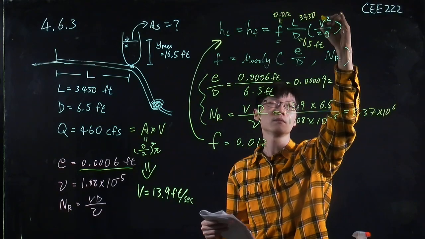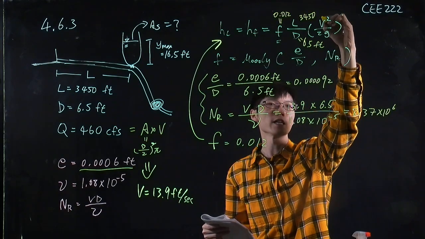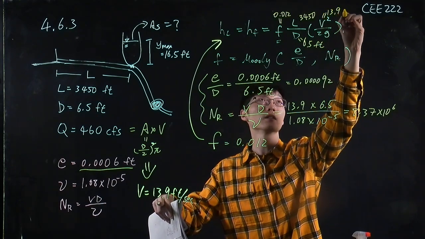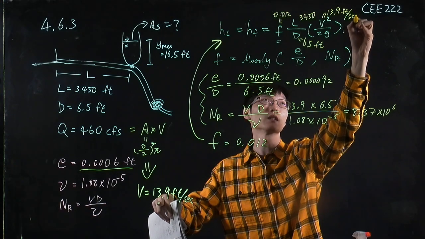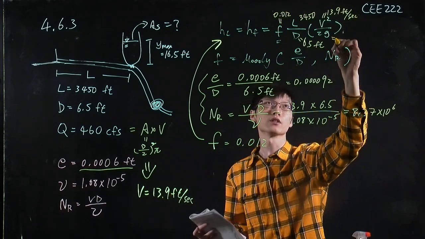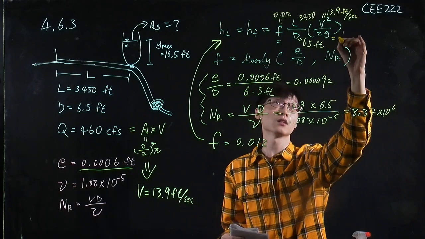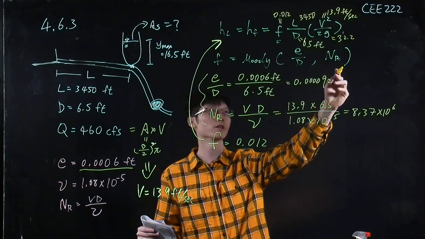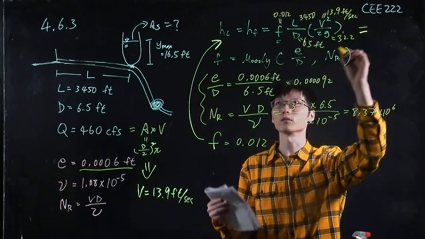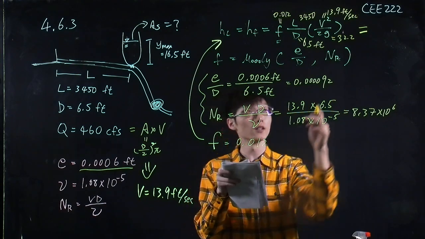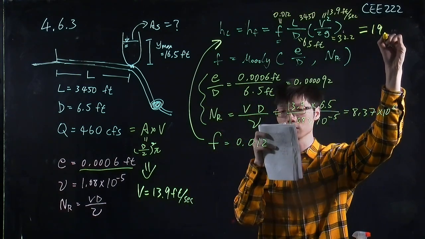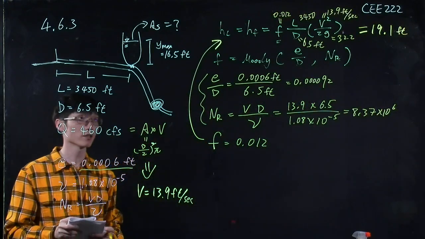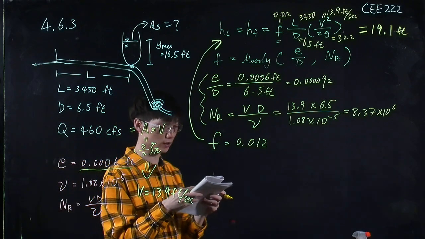The velocity term, V, is equal to 13.9 feet per second, and g for the English unit is 32.2. Okay, so we have all the numbers that we need. This will equal 19.1 feet. So we got the head loss that we need for the further calculations.